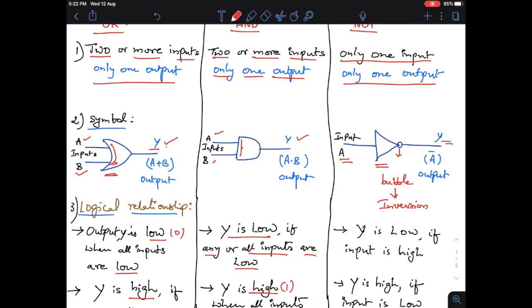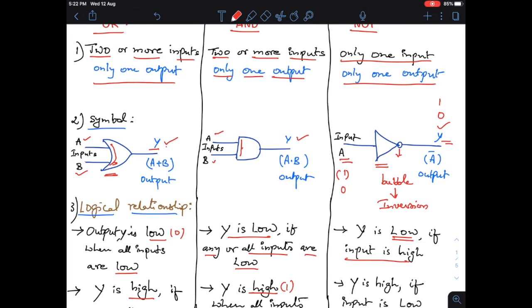Now what does this NOT mean? If A is high, 1, then output is 0. If A is low, that is input is low, then output is high.